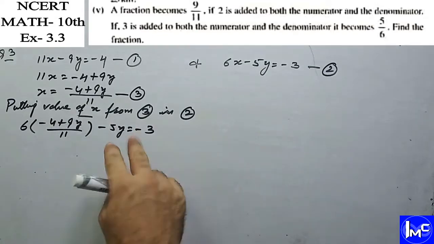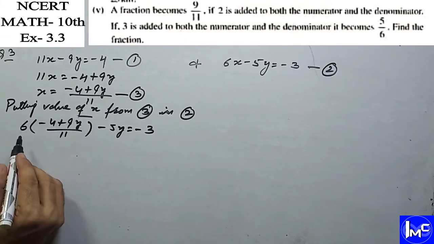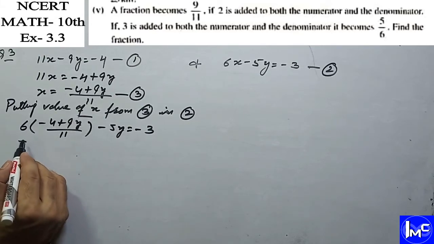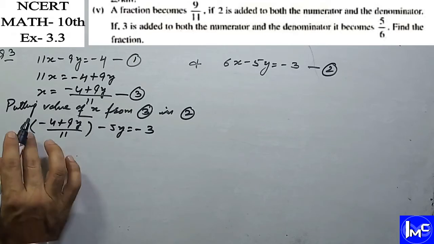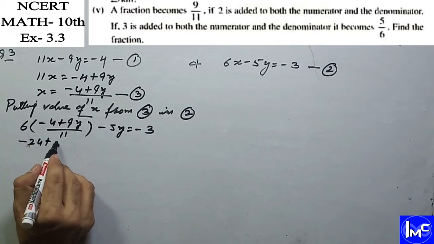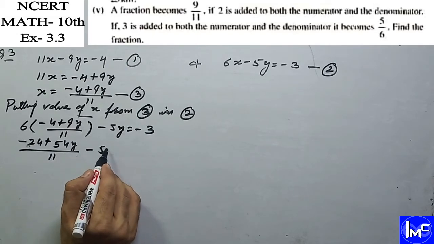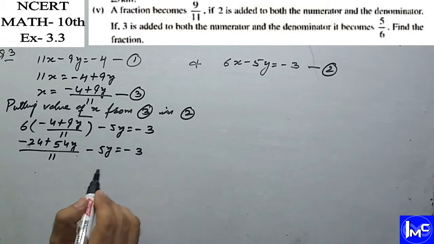All other terms are the same. Now we will multiply 6 inside the bracket and we will get minus 24 here, plus 9 6s are 54y over 11 minus 5y is equal to minus 3.